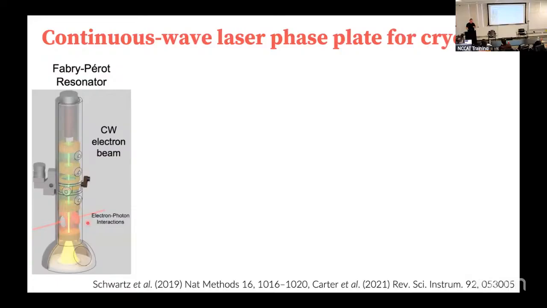The electron beam will pass through that laser as it's forming a standing wave in this resonator, and the electromagnetic field of that laser can be high enough to affect the phase behavior of the electron beam.